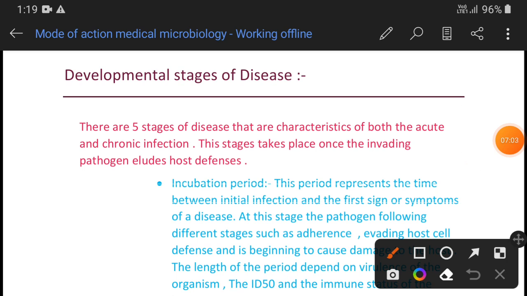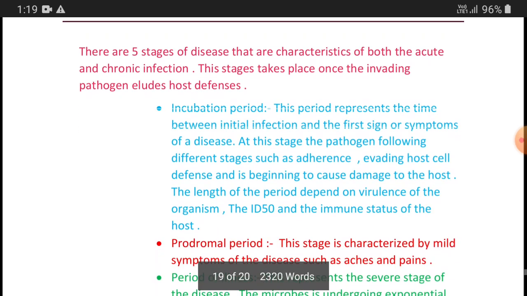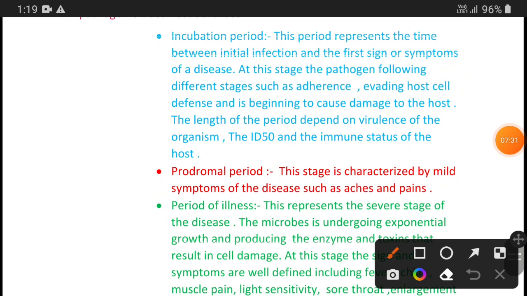So there are 5 stages that you can find in every kind of infection, whether acute or chronic. The first stage is the incubation period. This is the time frame between the initial infection and the first signs or symptoms of the disease. At this stage the pathogen, following different stages such as adherence and evading host cell defense, is beginning to cause damage to the host.